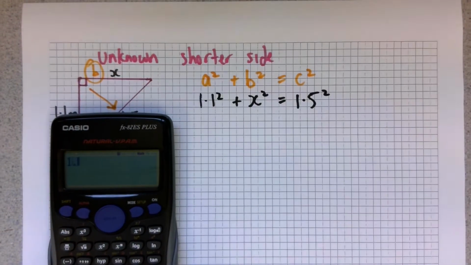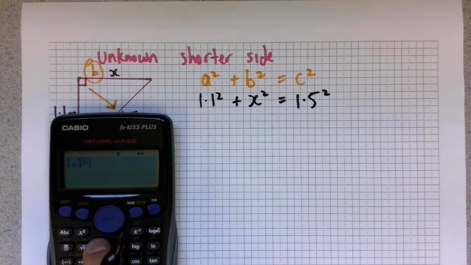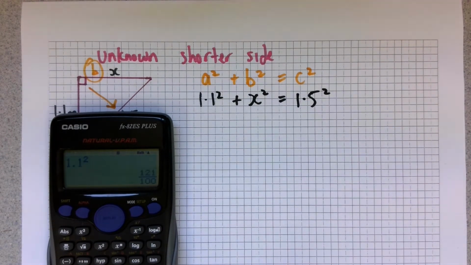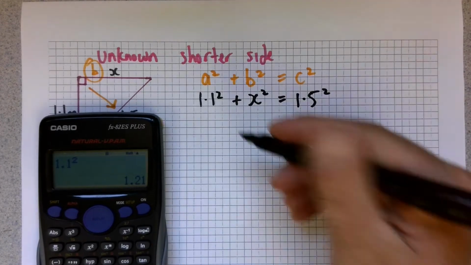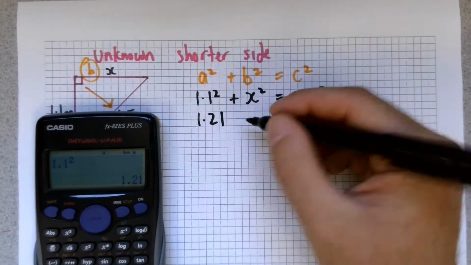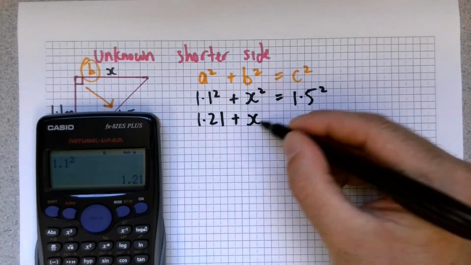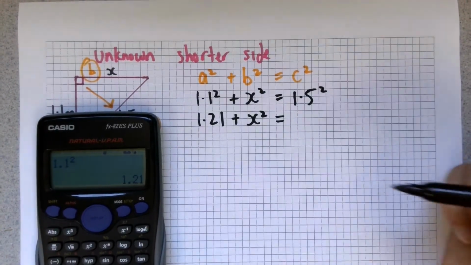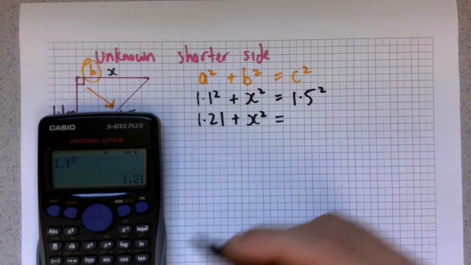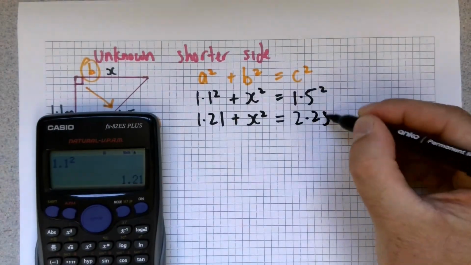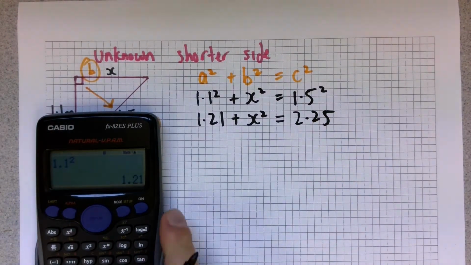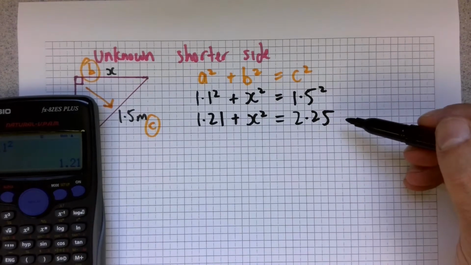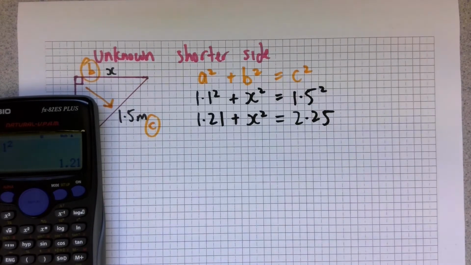On the calculator, 1.1 squared, just next to the square root button there, is equal to 1.21. We're going to keep x squared the same for now because we don't know what that is. And that's equal to 1.5 squared, which is 2.25.